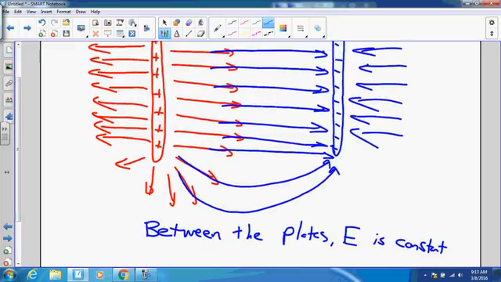Now what does that mean for our purposes? What that means is that this is as close as we can get to something like the constant gravitational attraction of Earth near the surface of the Earth.